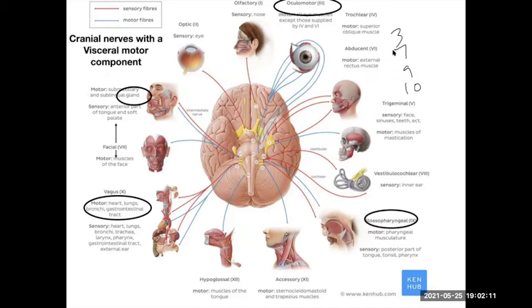You'll say, let me eliminate these guys right here, right? Or if I say, which ones have a visceral component? It's kind of a no-brainer thing, which at least helps you answer some questions. These are oculomotor, 3, your facial nerve, your glossopharyngeal, and your vagus, right? Those are the ones with the visceral component: 3, 7, 9, 10.